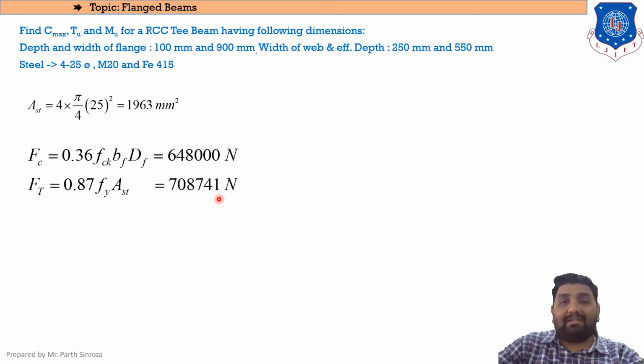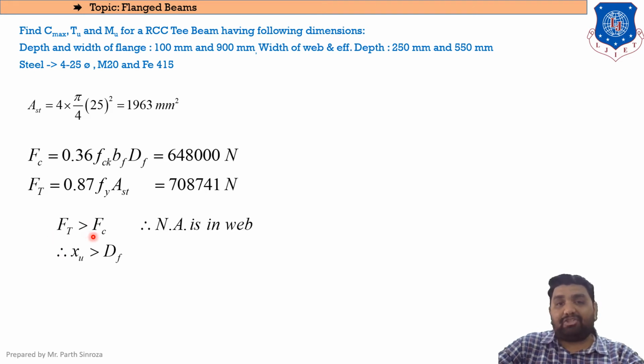Now our basic fundamental step is to find the relation between Fc and Ft. From these two values we can easily say that our Ft, that is the tension force, is greater than the compression force. Okay? As the tension force is greater than the compression force, the neutral axis will be shifted towards the tension zone.